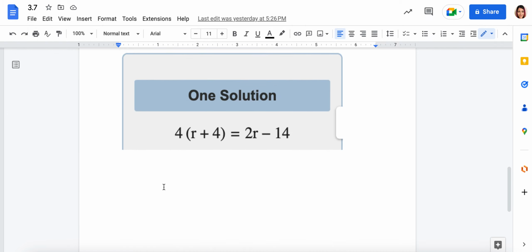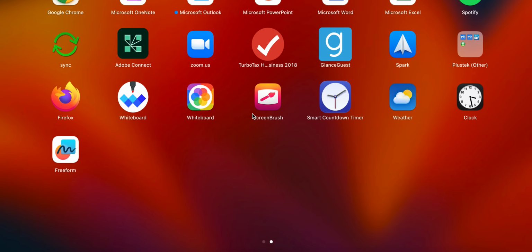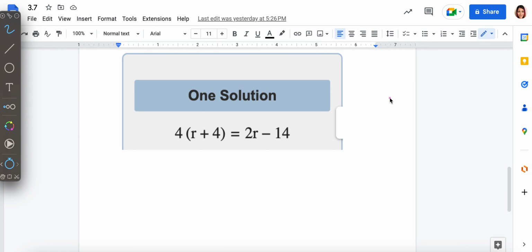So now we're going to do one solution. And so let's talk about that. If we're solving and we get a false statement, it's a no solution. If we're solving and we get a true statement, it's an infinite solution. And if we're solving and we just get r equals something, then we know it has one solution, which means one number will work anytime we plug in for r.